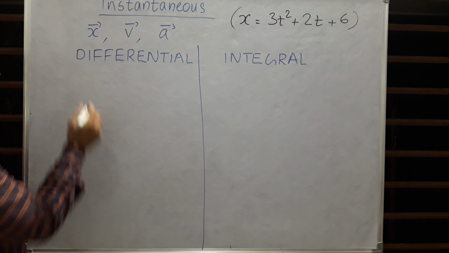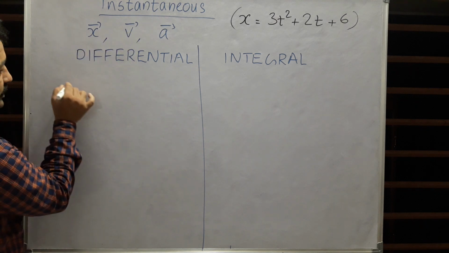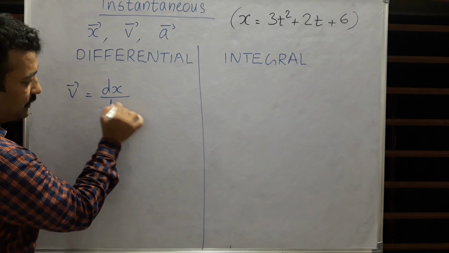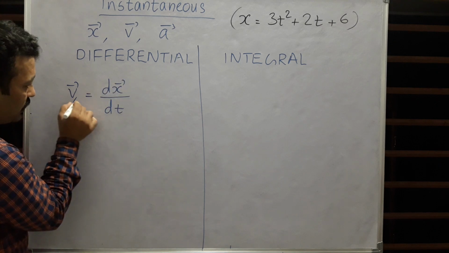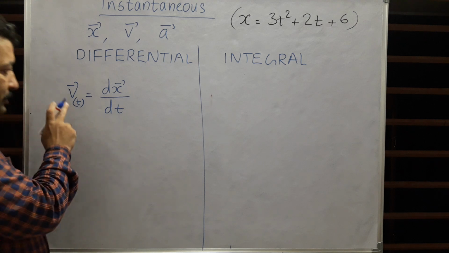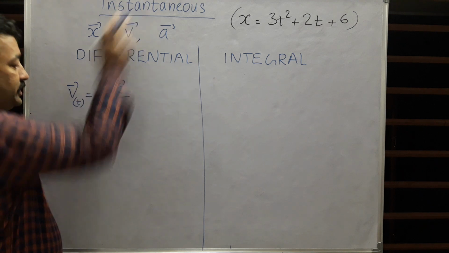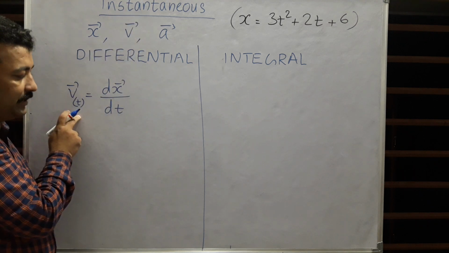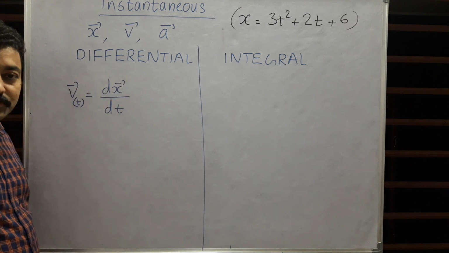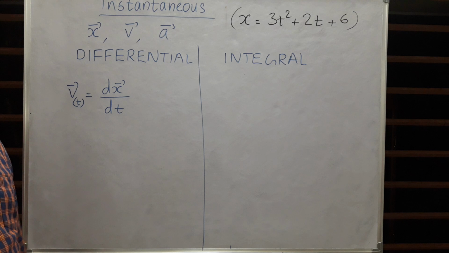The first one is v is equal to dx divided by dt, or we will say v of t. What is v of t? Velocity at a particular time, or instantaneous velocity, is defined as the first differential of the position vector.